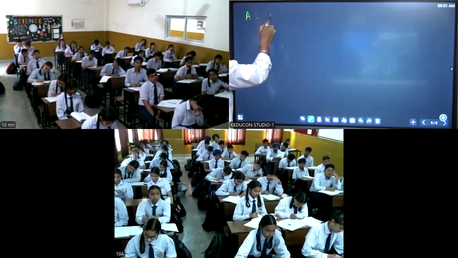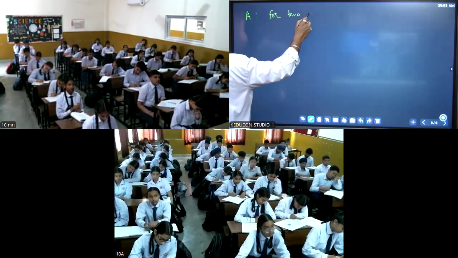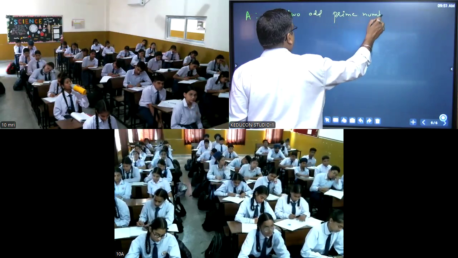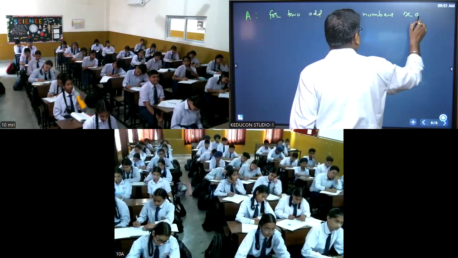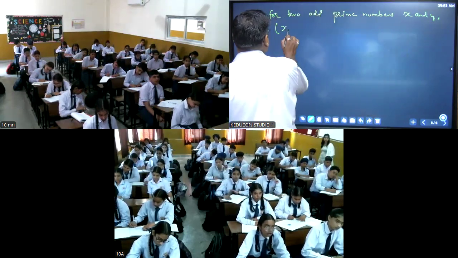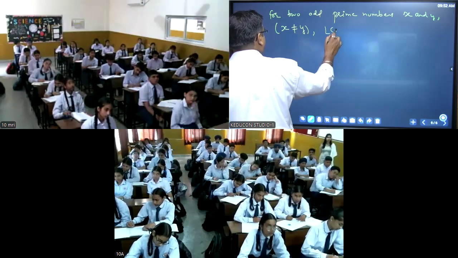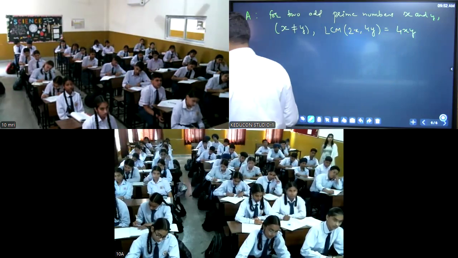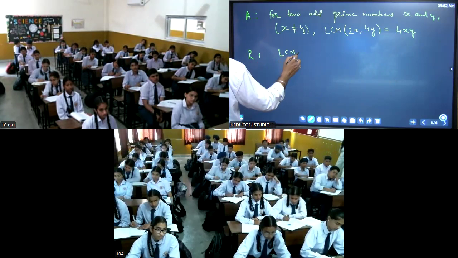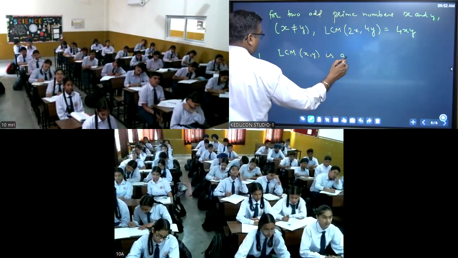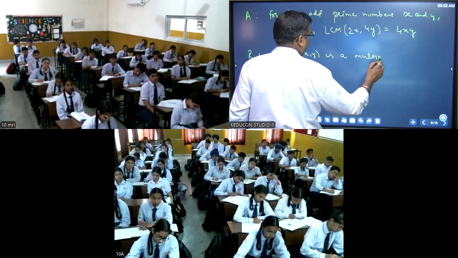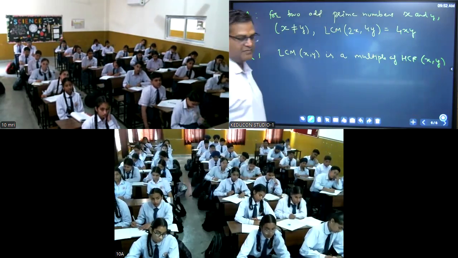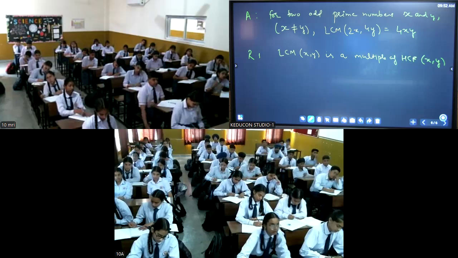is the assertion for two odd prime numbers X and Y, where X is not equal to Y. Observe the options carefully. हाँ जी बच्चे.